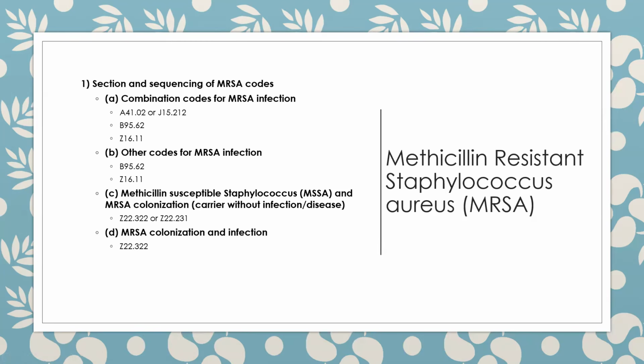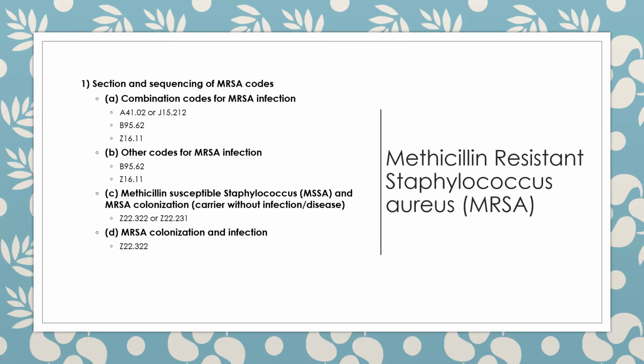In those cases, you would not use an additional code for B95.62 when the code includes the MRSA. For example, sepsis due to MRSA, code A41.02, and pneumonia due to MRSA, J15.212, do not code the B95.62. Also, do not assign a code from subcategory Z16.11 for resistance to penicillins as an additional diagnosis.